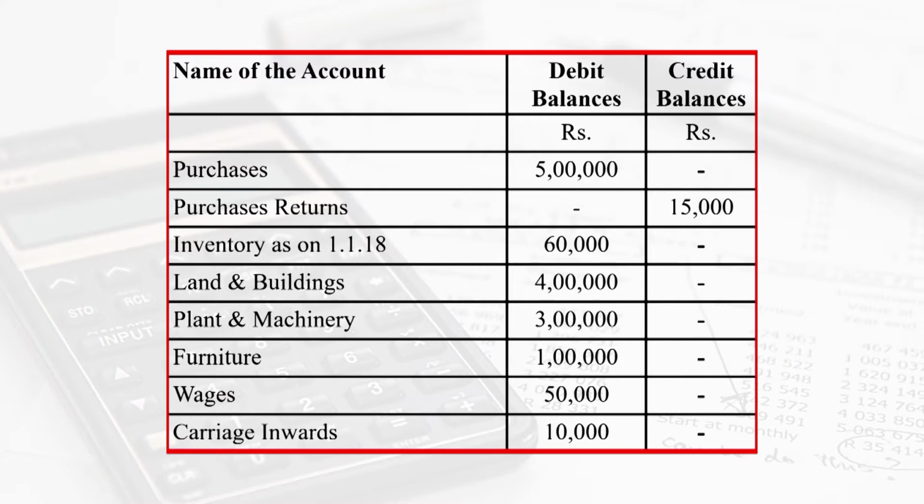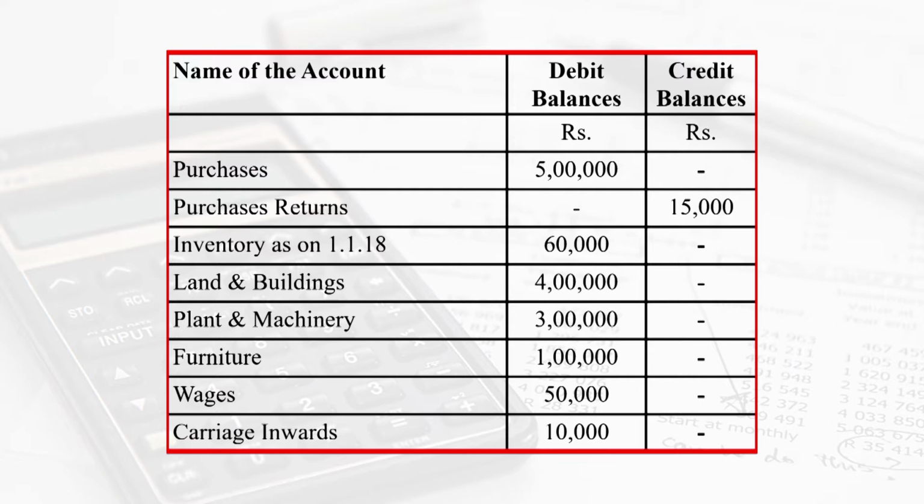Then land and building, again an asset for the business, and all assets have a debit balance, so we have land and building of rupees 4 lakh. Then plant and machinery of rupees 3 lakh. Then furniture, we have furniture of rupees 1 lakh.